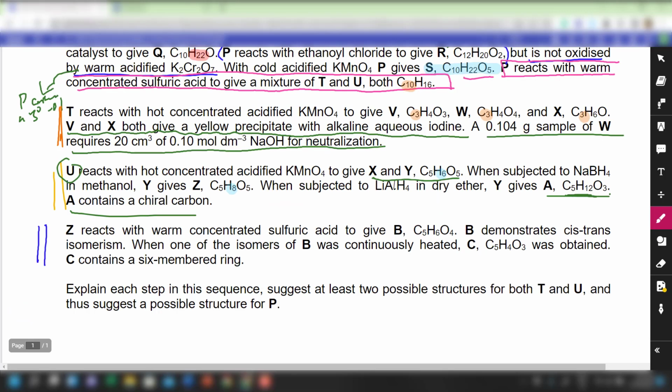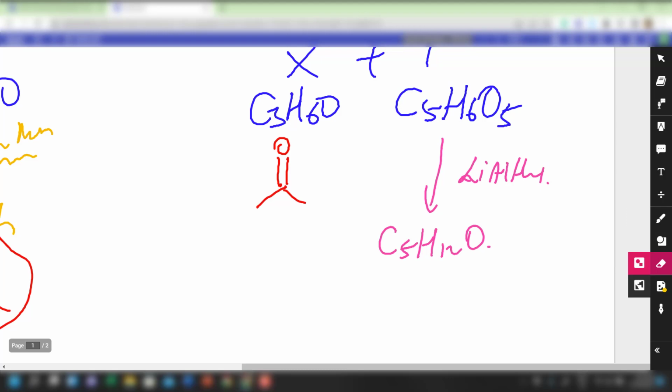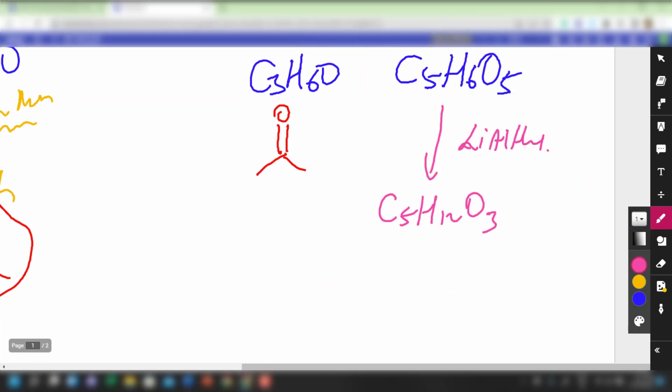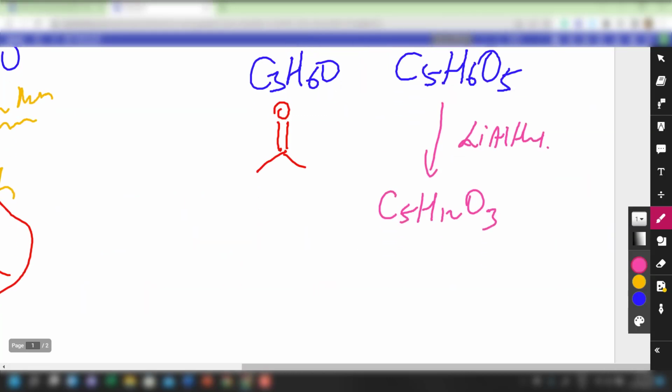And I'm being told that it contains a chiral carbon. So what are the two possible structures for A which you can think about?